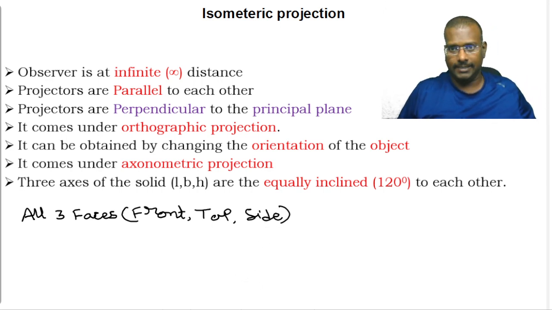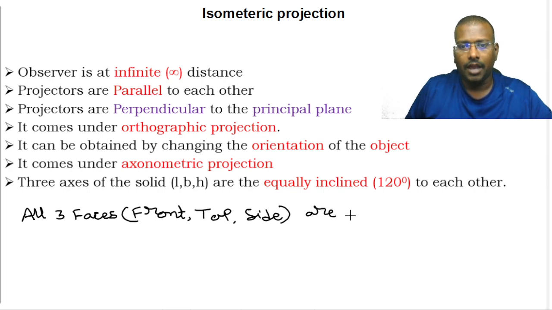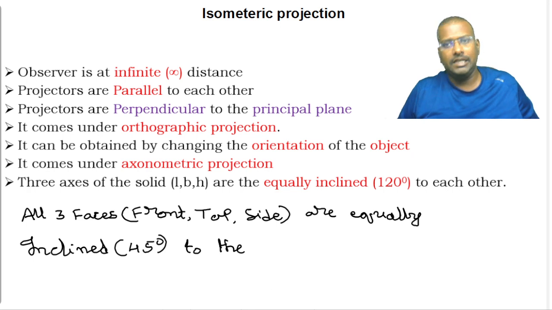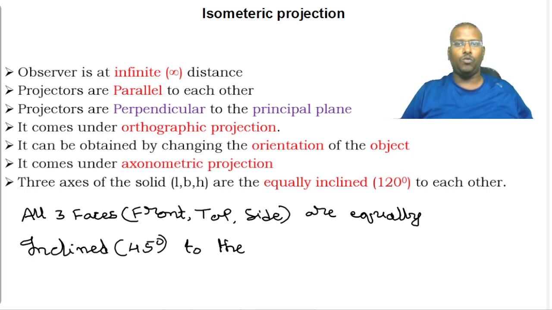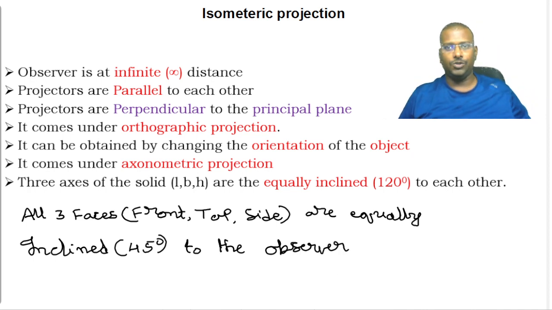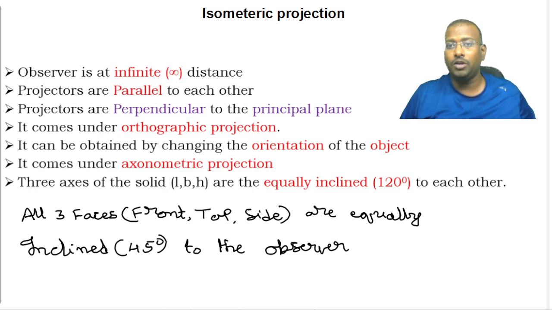All three faces are equally inclined. How much inclination? 45 degrees to the observer or principal plane, both are same. We will consider it to the observer. Then only you can get isometric projection.